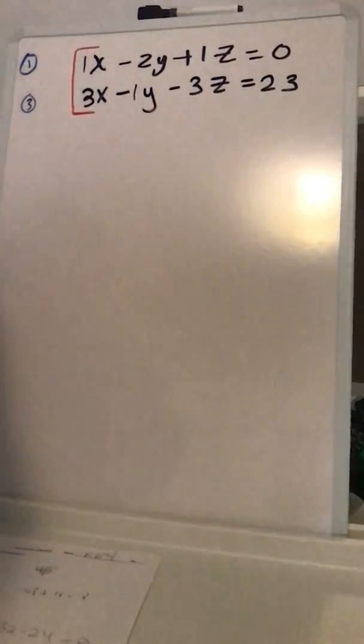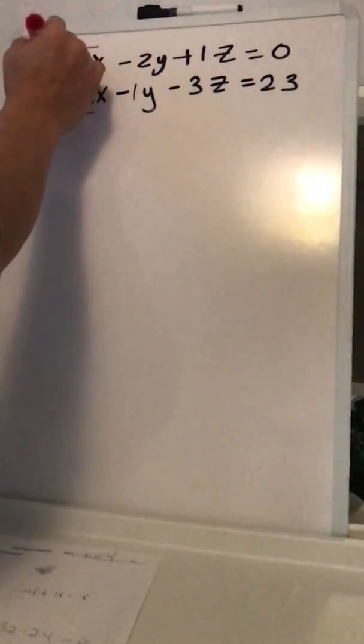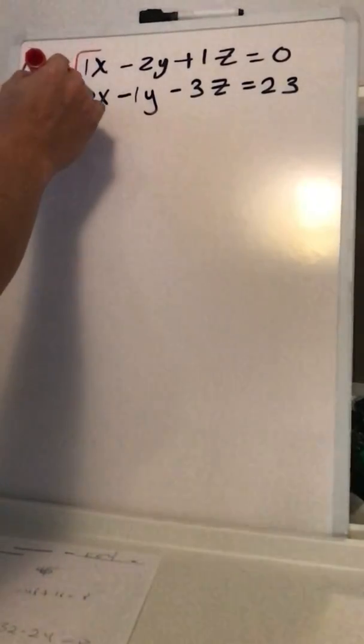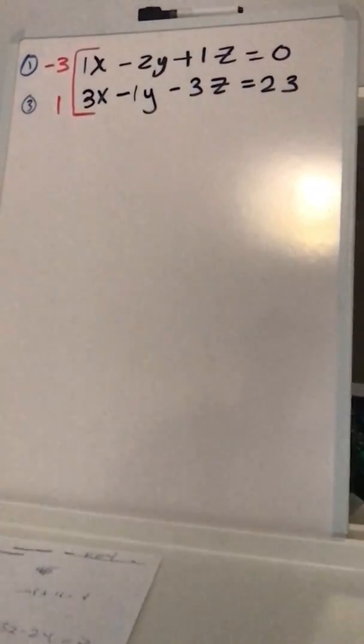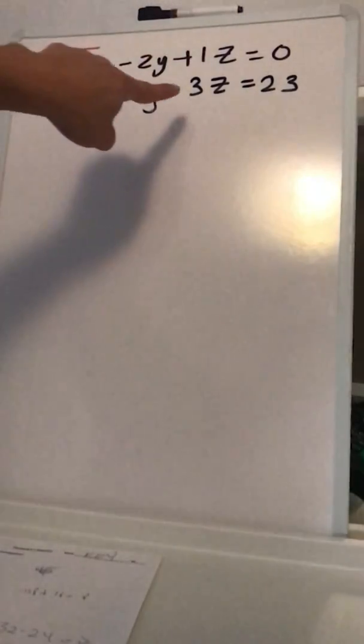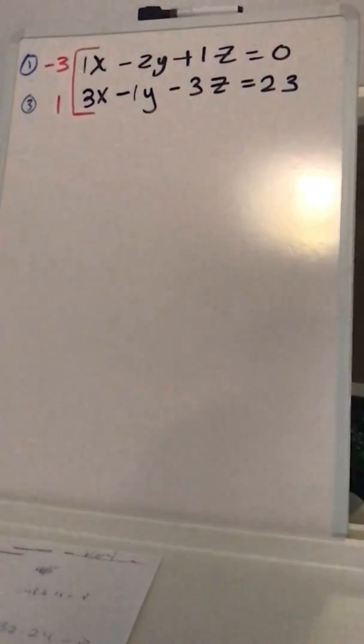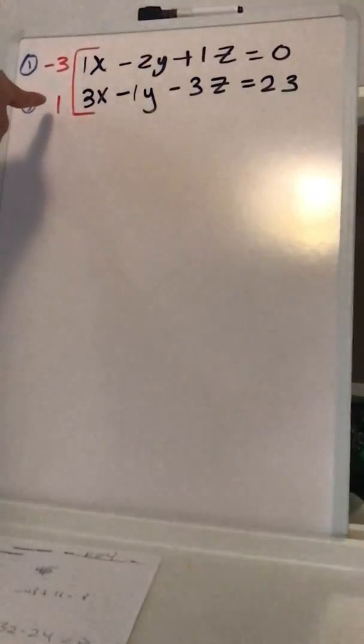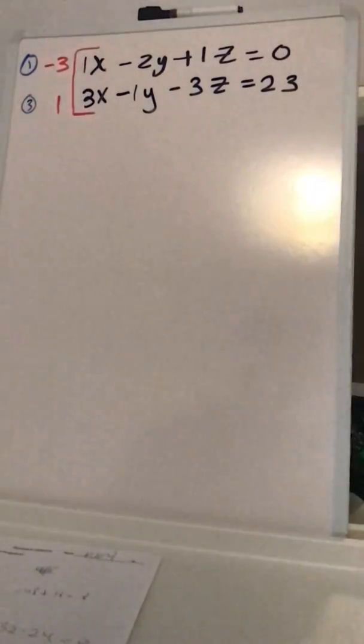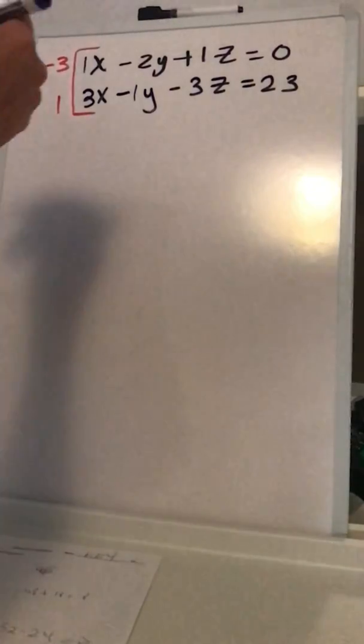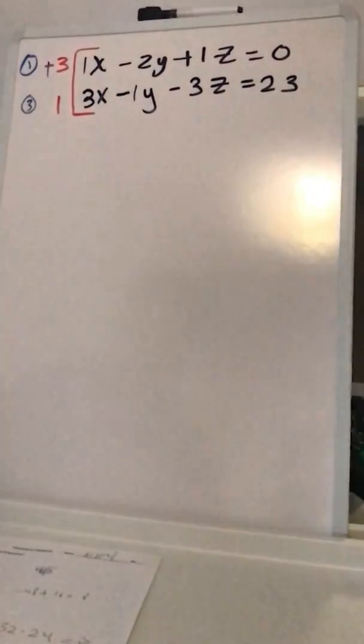I'm going to put -3 on top and +1 on the bottom. After you crisscross, I gotta change the sign of one of the numbers. I have to either make this a positive or make this a negative, only one of them. I'm going to change the top one into a +3, and when you do that, you have to multiply across.